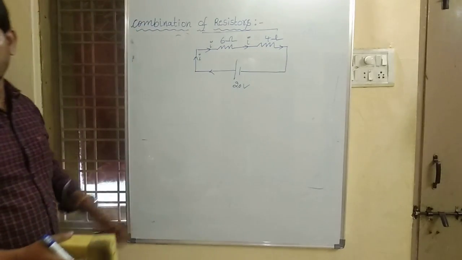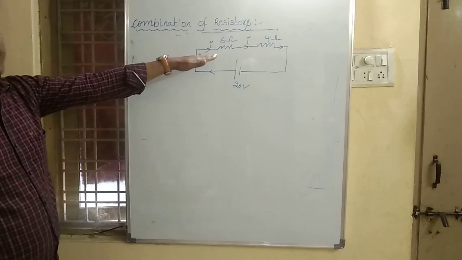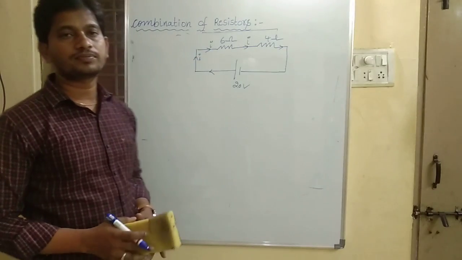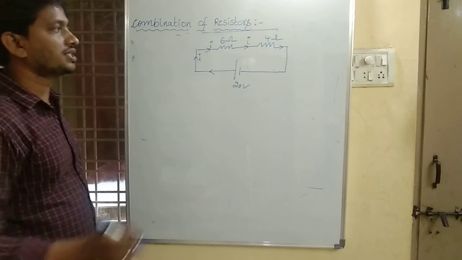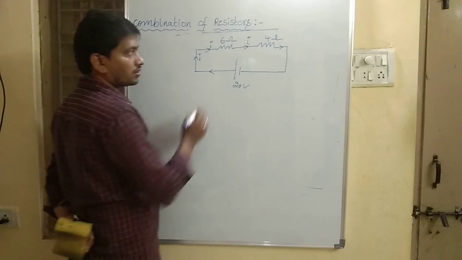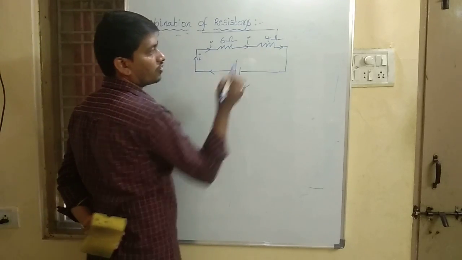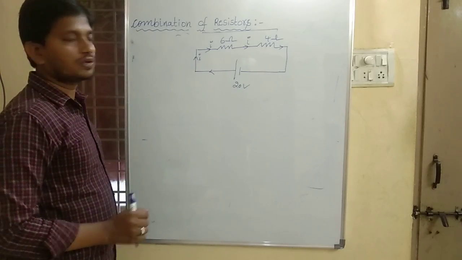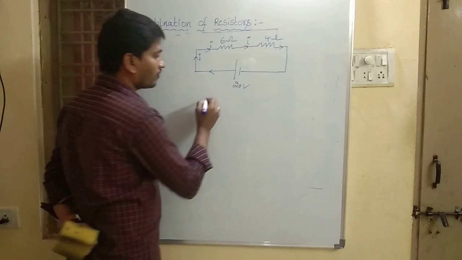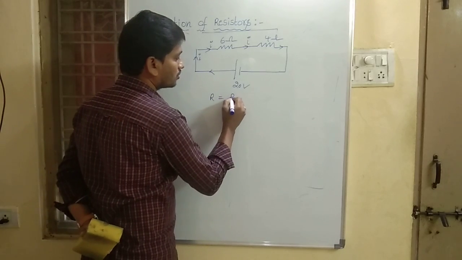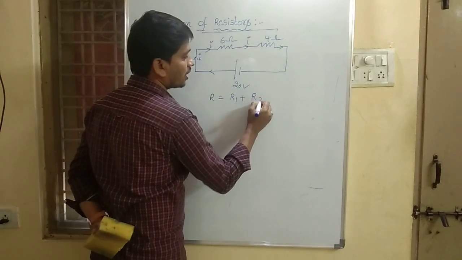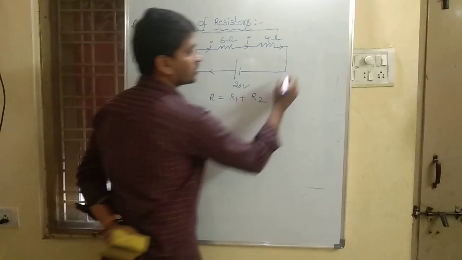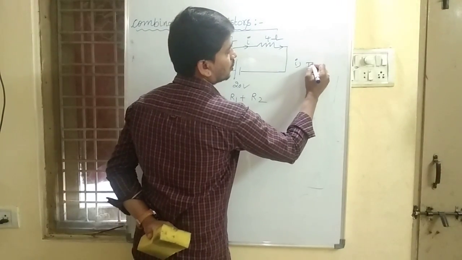You can observe here the two resistors are connected in series. What is the total resistance here? The 6 ohms resistor and the 4 ohms resistor are both connected in series. We have the formula R equal to R1 plus R2. So the first question is to find the total resistance.